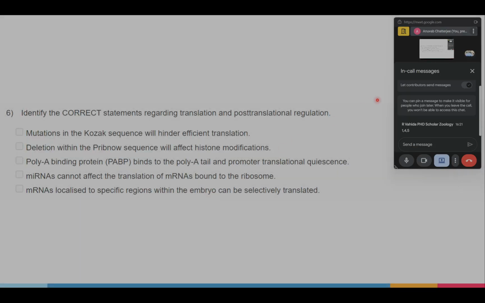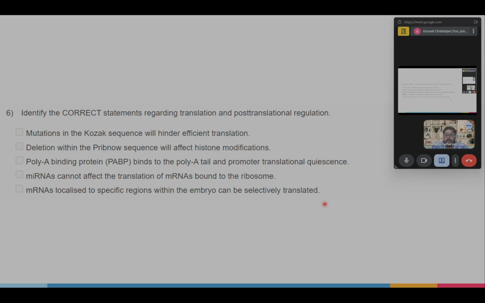Okay, moving on. Identify the correct statement regarding translation and post-translational regulation. The options are: mutations in the Kozak sequence will hinder efficient translation. Deletion within the PRIB-now sequence will affect histone modification.